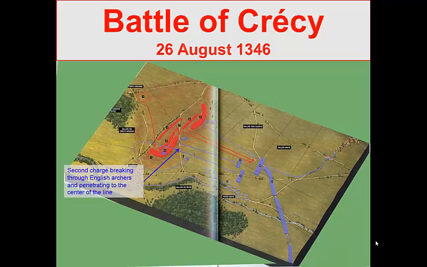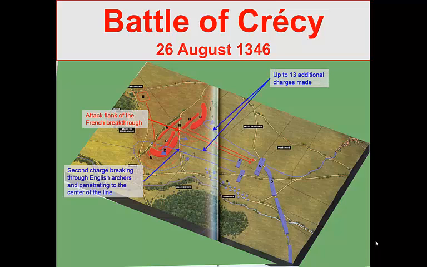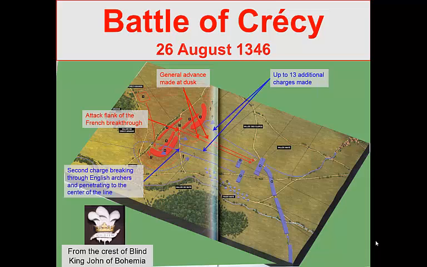There was a second charge which did break through the English archers. However, the English were able to then counterattack into the flank. And during the day there were up to 13 additional charges made. And there was a general advance made at dusk.